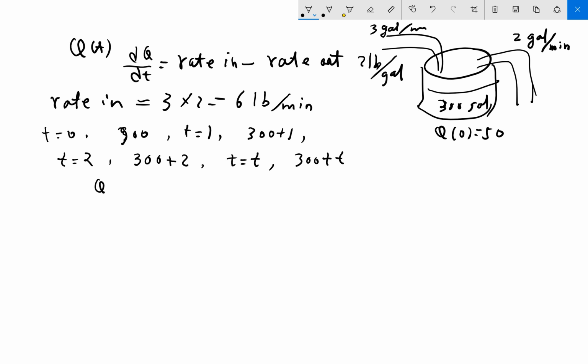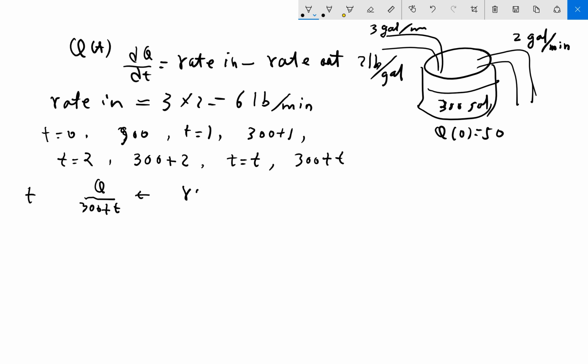So the concentration for the solution pumped out should be the total amount of salt at the moment t, which we know is Q of t. We don't know what it is, but we denote it by Q. Then over the total gallons of solution, which is 300 plus t. At any given moment t, this is our concentration.